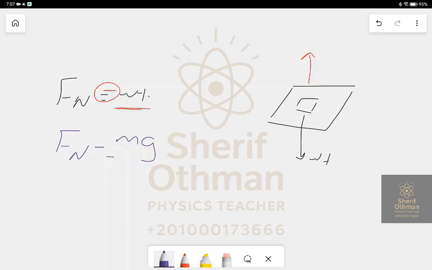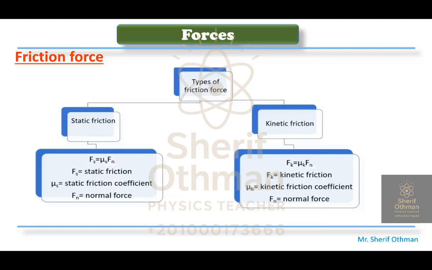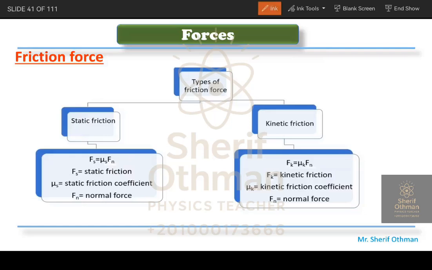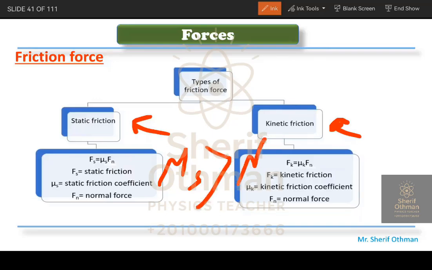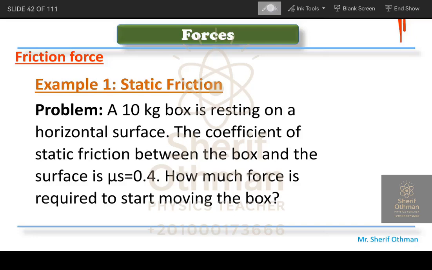So, as we said, friction force has two types: static friction and kinetic friction. The static friction is equal to mu s Fn, while the kinetic friction is equal to mu k Fn. As we said before, mu s is the coefficient of static friction, which is greater than mu k.